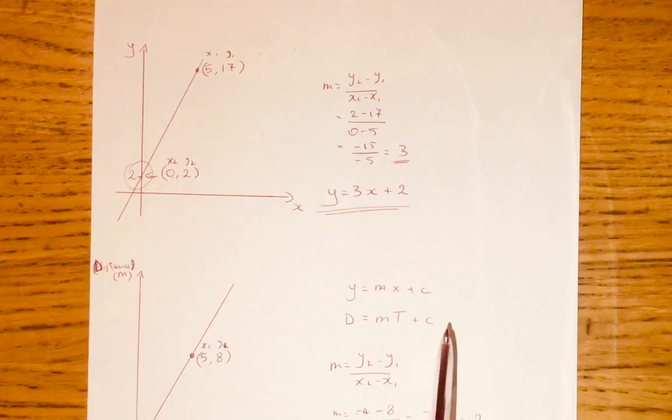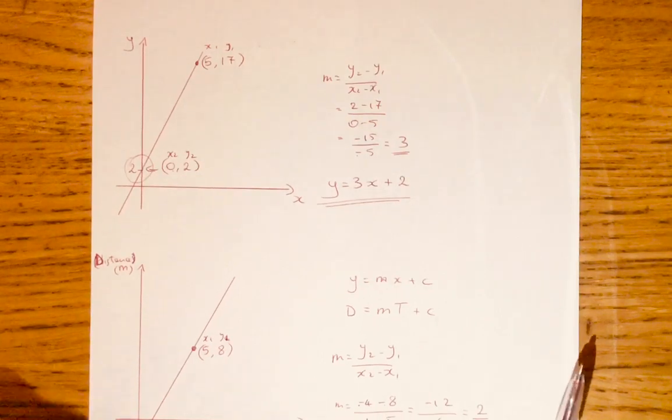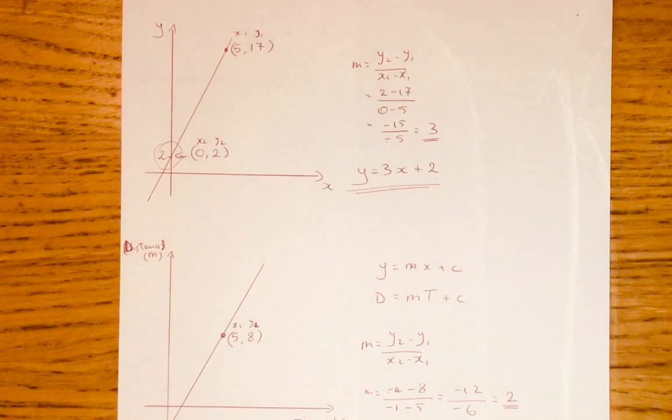Now, there are a couple of methods to find c. I'm going to show you the one where we're going to use this formula, which is y minus b is equal to m times x minus a.